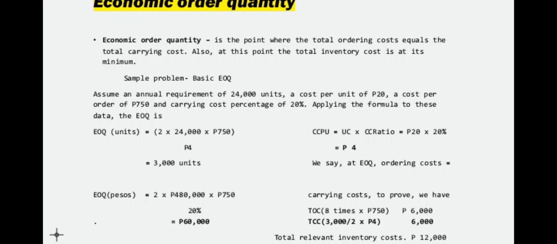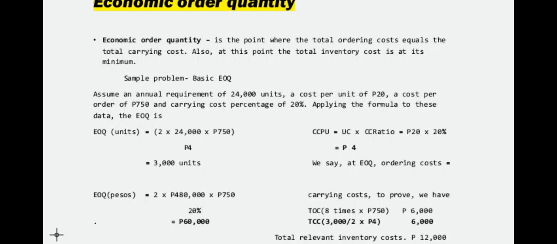And next is economic order quantity. So economic order quantity is the point where the total ordering cost equals the total carrying cost. Also, at this point, the total inventory cost is at its minimum.